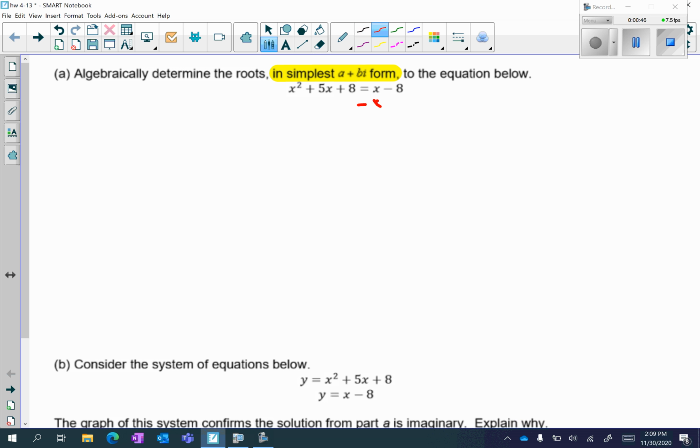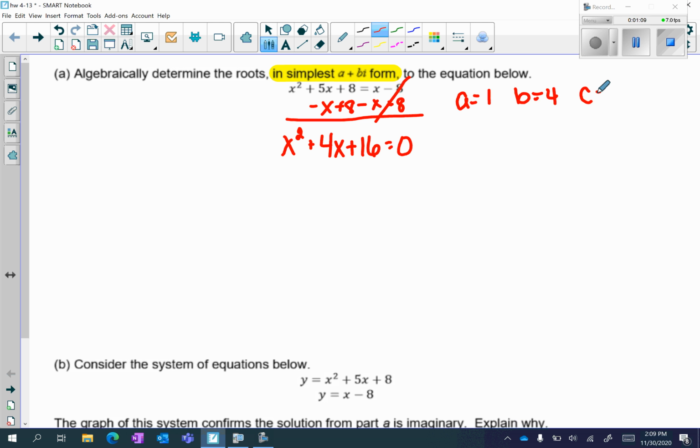I'm going to start by subtracting x and adding 8 on both sides, making sure to line up my terms nice and neatly. So I get x squared plus 4x plus 16 equals 0 because my right side cancels out. So that means I have a equals 1, b equals 4, and c equals 16.